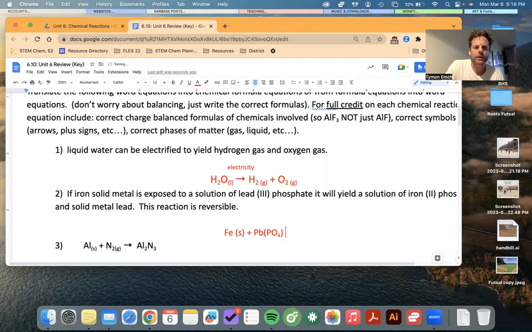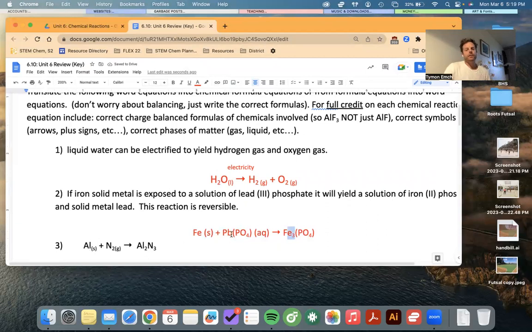To yield, and this is also a solution, so I put an aqueous right here. To yield a solution of iron 2 phosphate, so it'd be iron 2 phosphate, PO4. I don't think I'd have you do anything this difficult on the test, but here's how I came up with this.